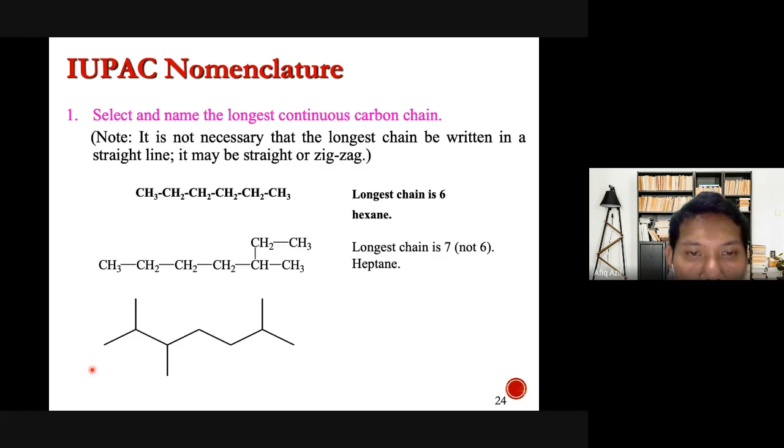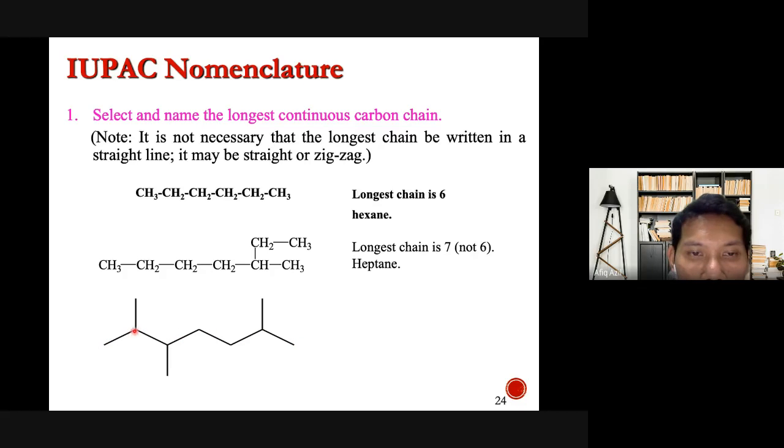Like this, for example, if I take the straight one, it will be 1, 2, 3, 4, 5, 6, and 7. If I start from here, 1, 2, 3, 4, 5, 6. So this one cannot. Always take the longest, which is 7. 1, 2, 3, 4, 5, 6, 7.